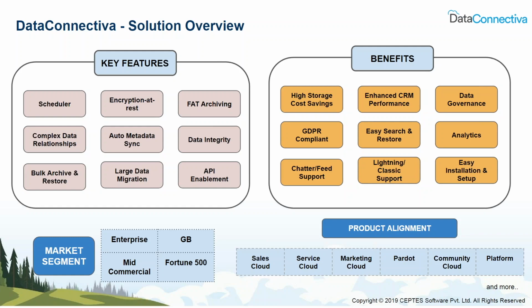Data integrity is ensured throughout the lifecycle of the data, and we support bulk archival of records as well as easy search and restore. If there is a huge bulk of data to be archived, we also support a one-time data migration into the database. And we have several useful APIs that can be extended or consumed at the consumer end.